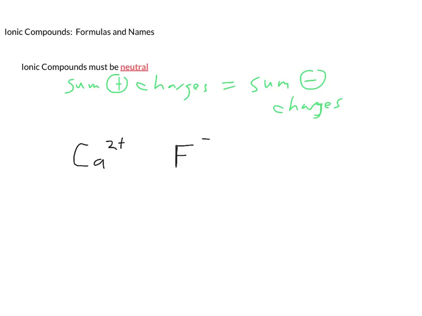So what does that mean? A common shortcut is to move the superscript charge and make it the subscript for the opposite ion, and write that as a formula.